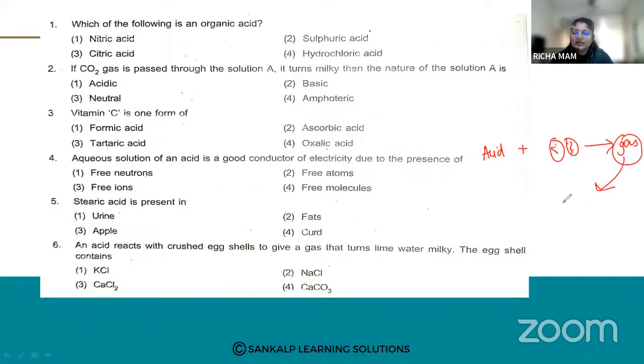It turns lime water milky. So what does the eggshell consist of? When does lime water turn milky? An acid reacts with crushed eggshells to give a gas that turns lime water milky. The eggshell contains.